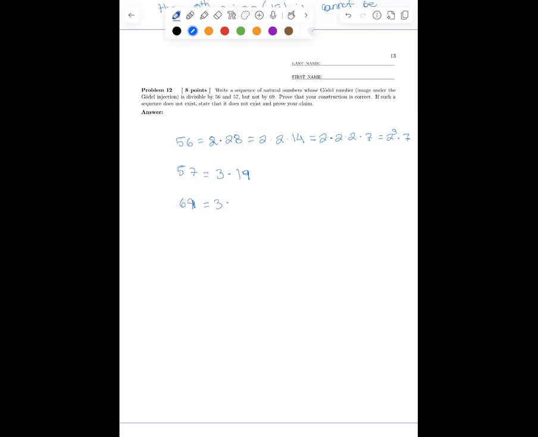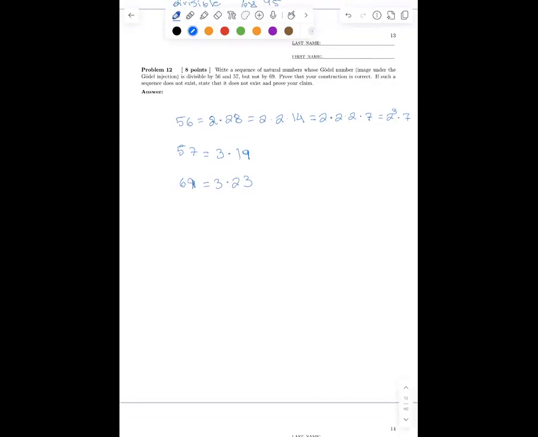So 69 divided by 3 is 23. 23 cannot be divisible by any prime number because it's a prime number and it only can be divided by itself. So we leave it like that. So I need the sequence to divide 56 and 57, but it cannot be divisible by 69. So does anyone want to give me the answer before I write it down?